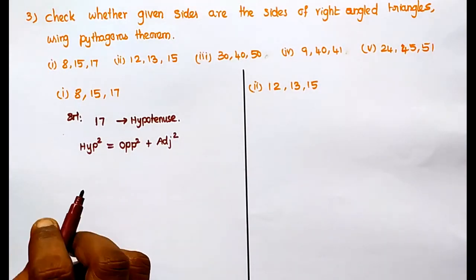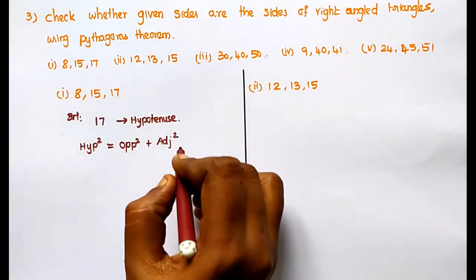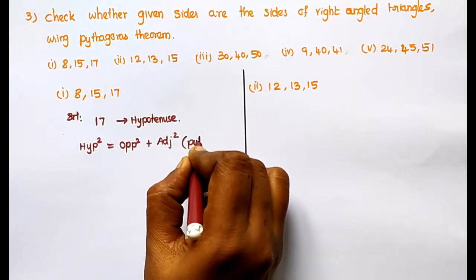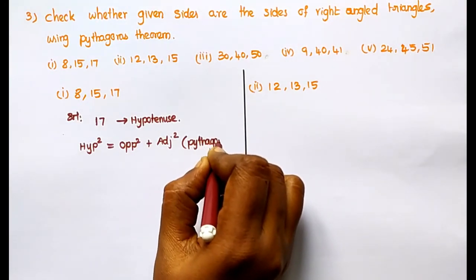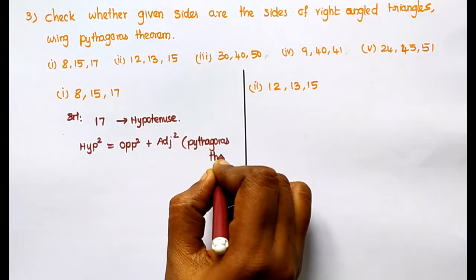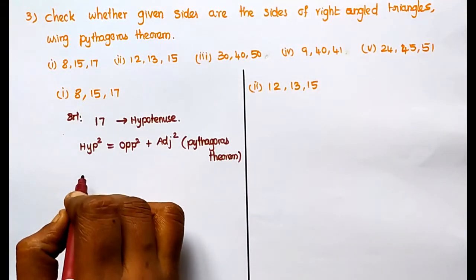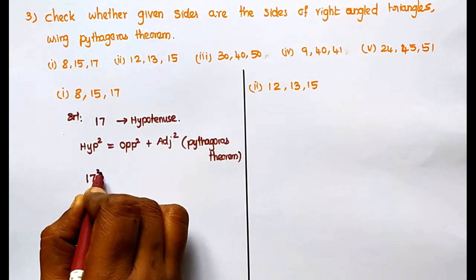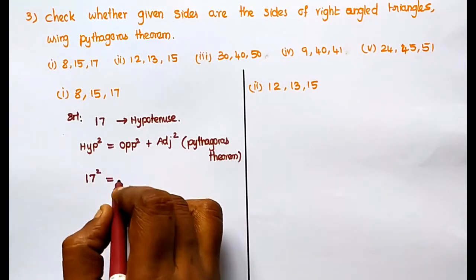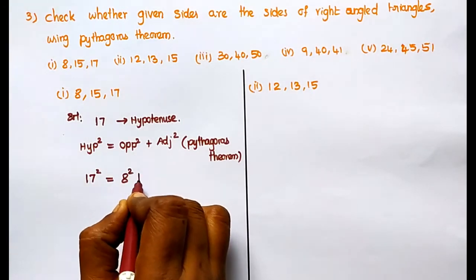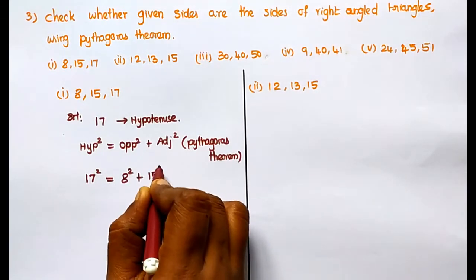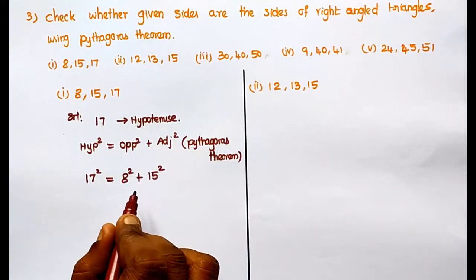That is the Pythagoras theorem. Right? Here hypotenuse squared, 17 squared equal to opposite squared plus the other side squared, 8 squared plus 15 squared.